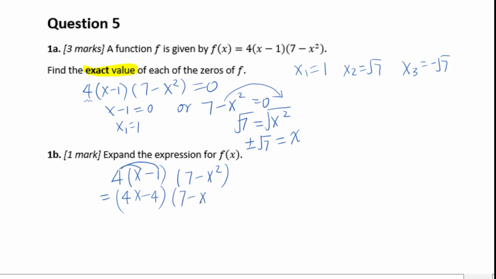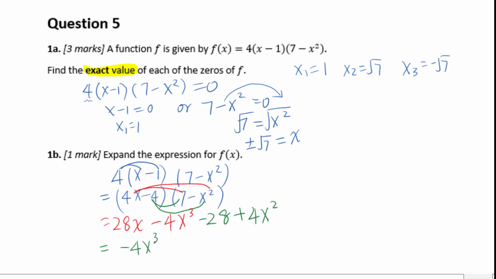Then we will do the FOIL. 4x times 7, 28x. 4x times negative x squared, negative 4x to the third power. Negative 4 times 7, negative 28. Negative 4 times negative x squared, positive 4x squared. Then we organize: negative 4x to the third power plus 4x squared plus 28x minus 28.